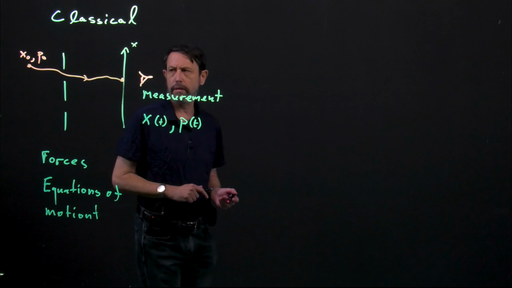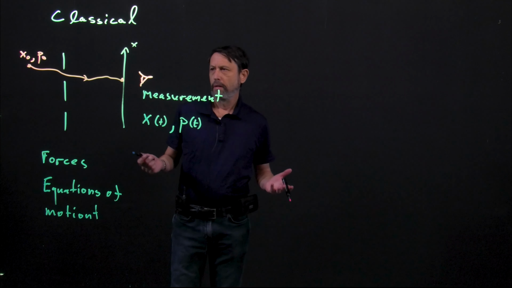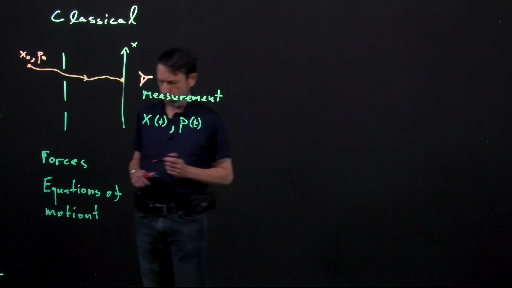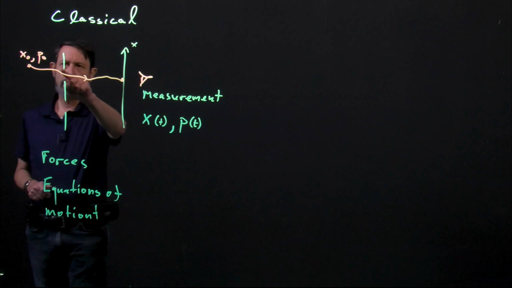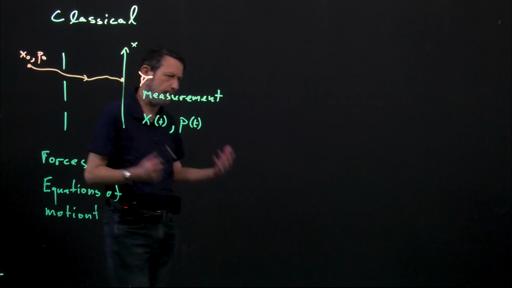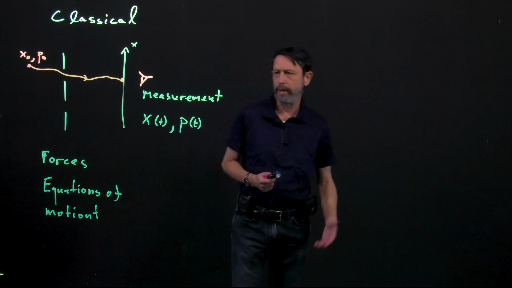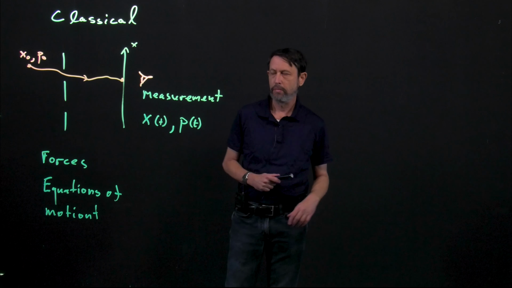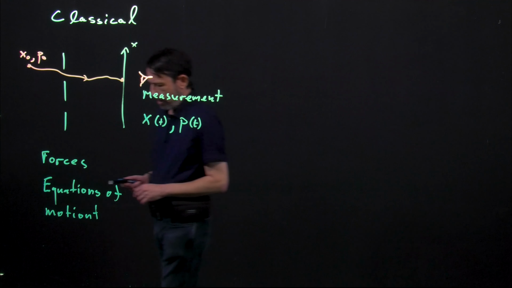And basically, at any given point, we could say at time t1 it was here, at time t2 it was here. We can say even what the momentum was at each time. We know everything.